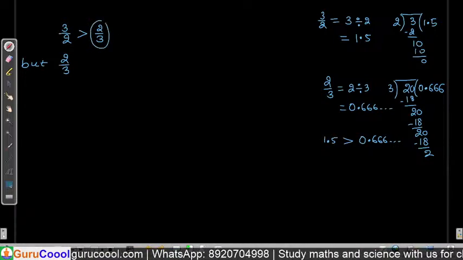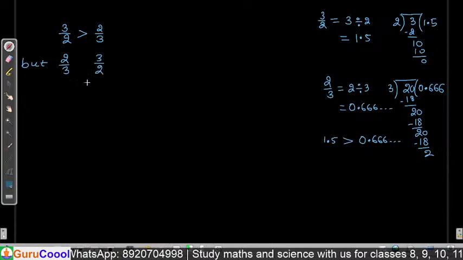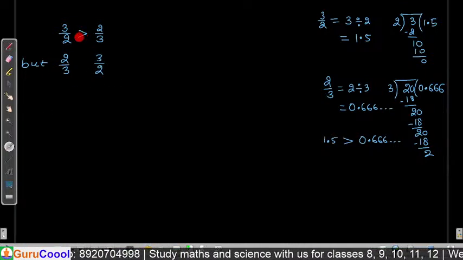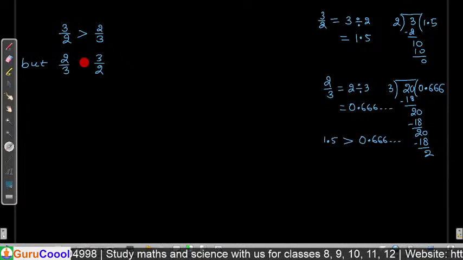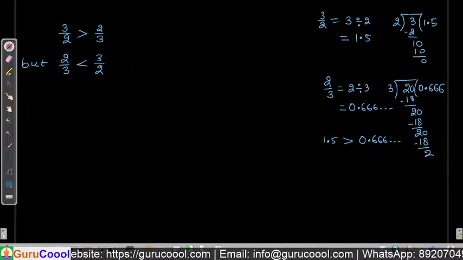If I reciprocate, what do I get? 3 by 2. Now do you think the inequality sign will be the same here or opposite? Earlier 3 by 2 was greater, now 3 by 2 is on the right side, so it will be greater there.